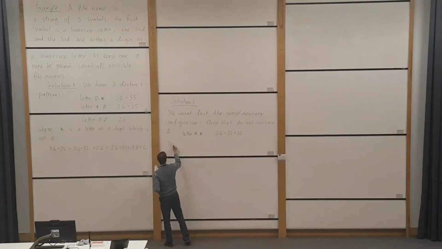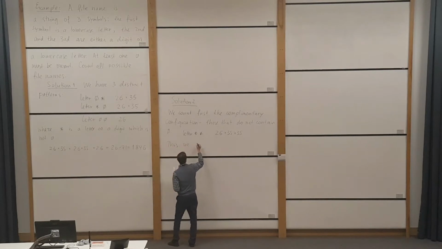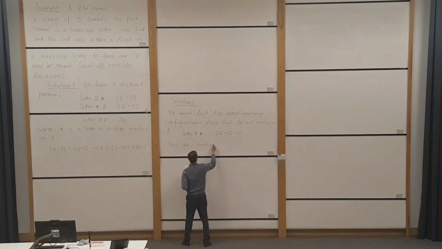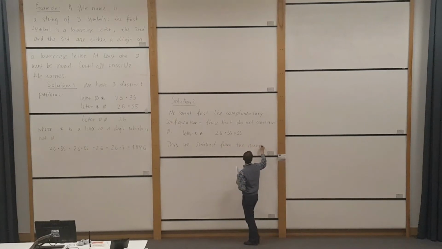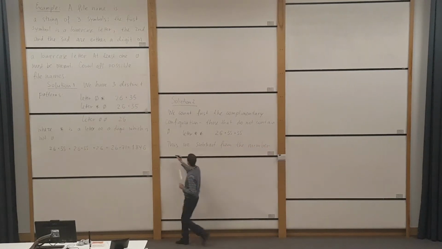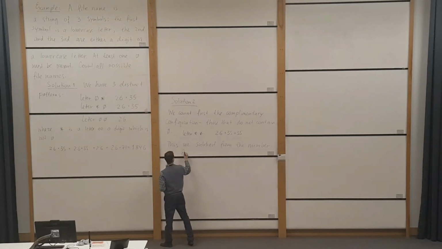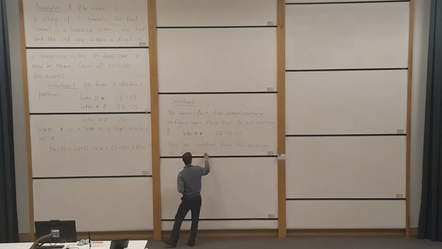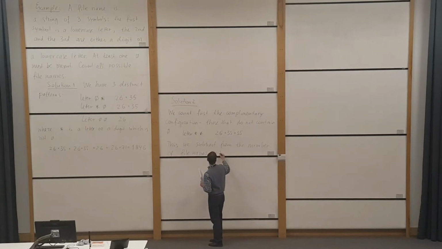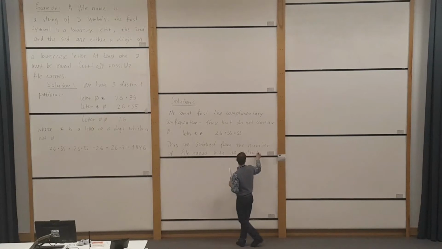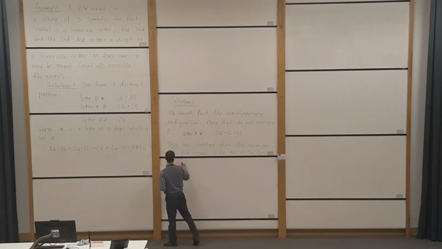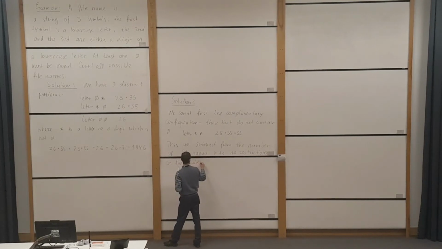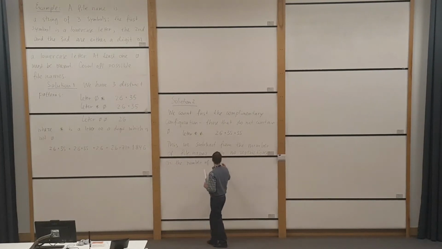So this we subtract from the number of file names with no restrictions on the number of zeros.